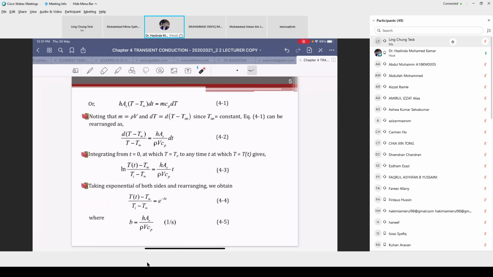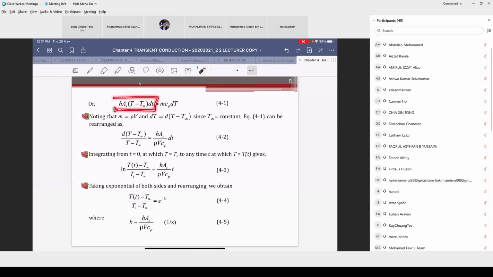This is the heat transfer into the body, and this is the heat increase during the time dt: m, Cp, delta T. This one you learned in thermodynamics. And then T is the temperature of the surface, and T infinity is the surrounding temperature.